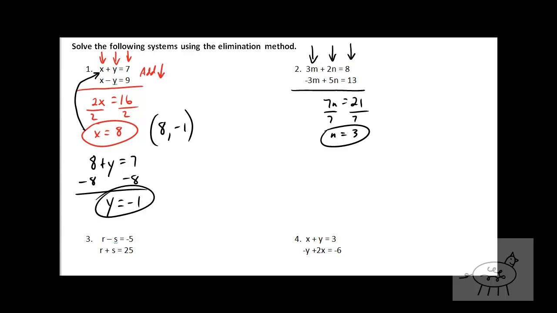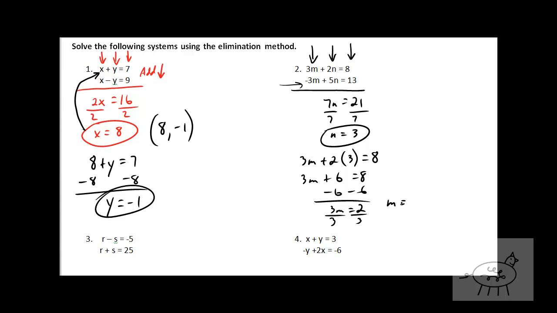I personally would plug it into the top equation because I don't have to deal with that negative sign there. So it's 3m plus 2n, which is 2 times 3, equals 8. And then you solve for m. So it's going to be 3m plus 6 equals 8. Subtract 6. 3m equals 2. And then divide by 3.